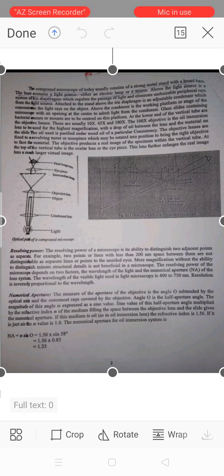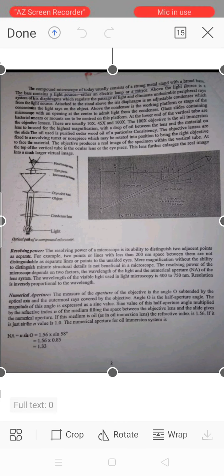The resolving power of the microscope depends on two factors: the wavelength of the light and the numerical aperture of the lens system. The wavelength of the visible light used in light microscopy is 400 to 750 nanometer.